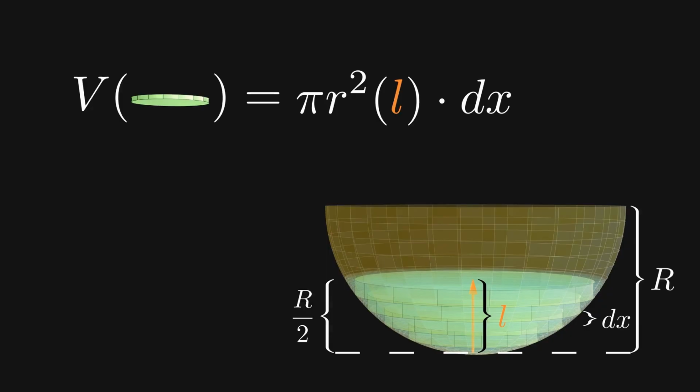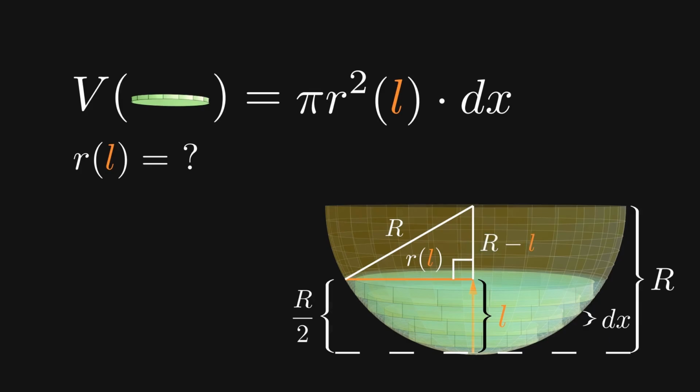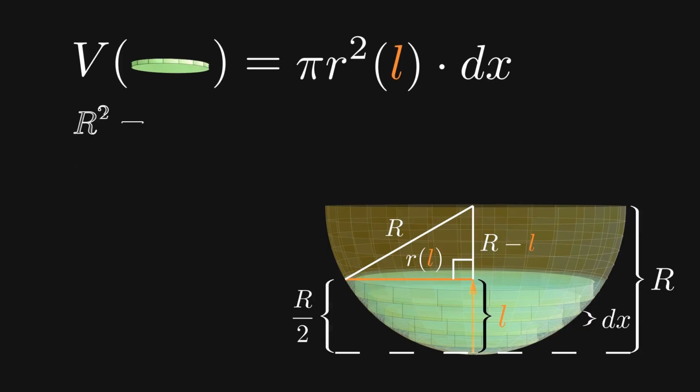We can mark the distance as L. We can now mark R of L, the radius of the cylinders based on the distance from the bottom of the ball. Now in order to find how it depends on L, we have to create this right triangle as shown and use the Pythagorean theorem to find R of L in terms of L.